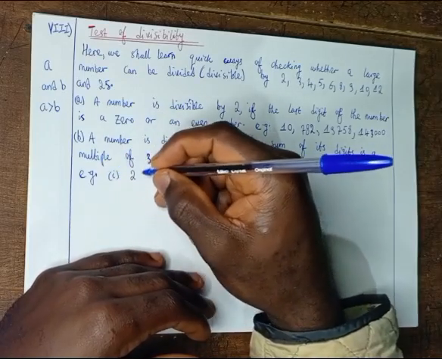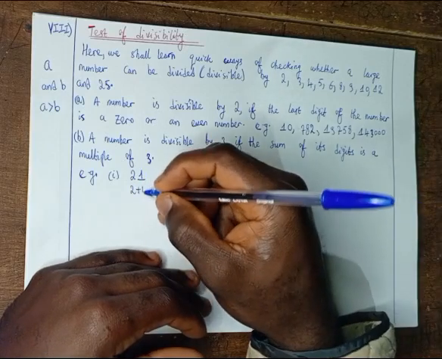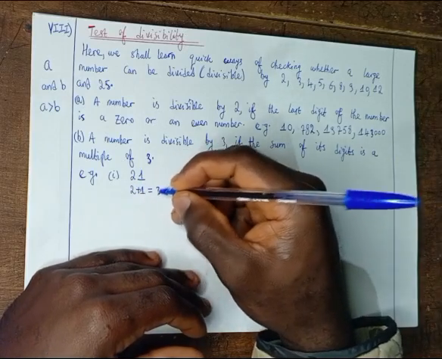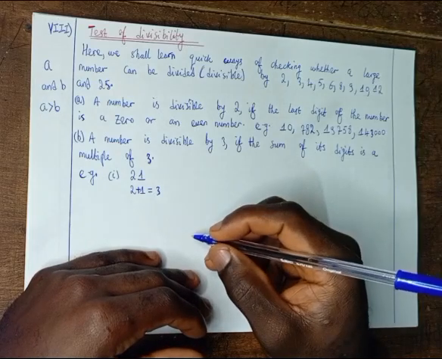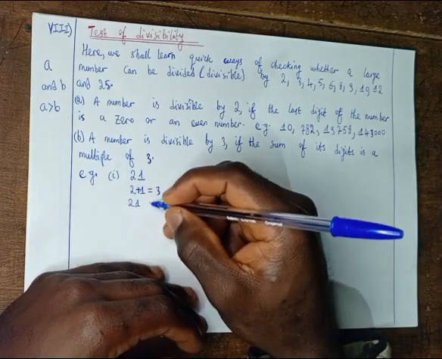If you take the number 21, if we sum the digits of the number 21, we know 2 plus 1 is equal to 3, and 3 is a multiple of 3. That's why 21 is divisible by 3.